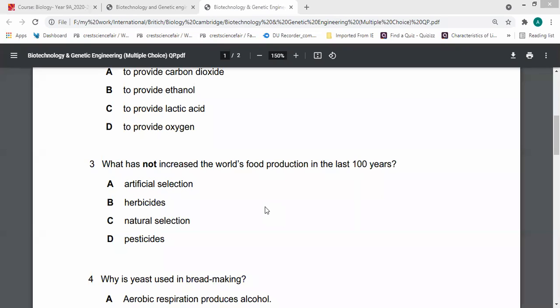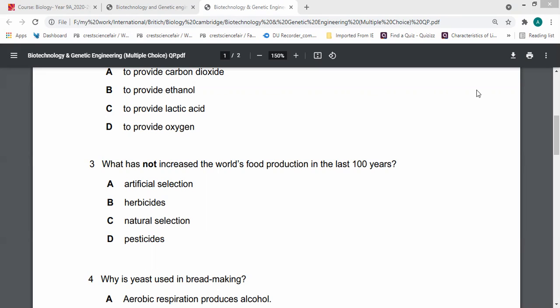What hasn't increased the world's food production in the last 10 years? Muhammad Zuhbi? I don't know. You don't know. Okay. Marwan?